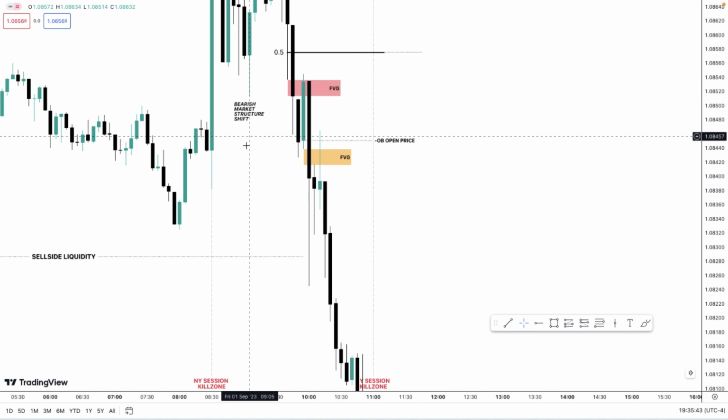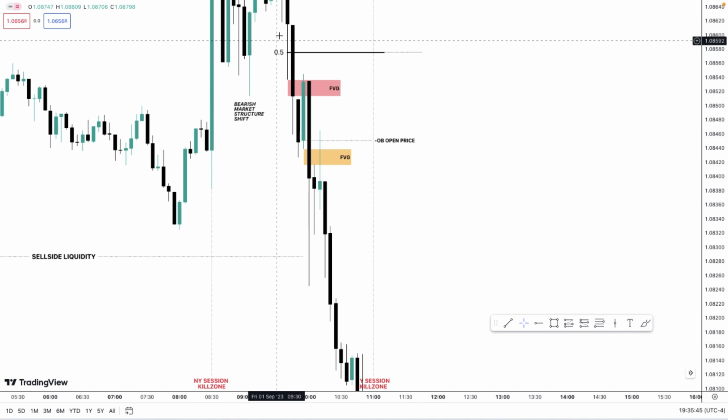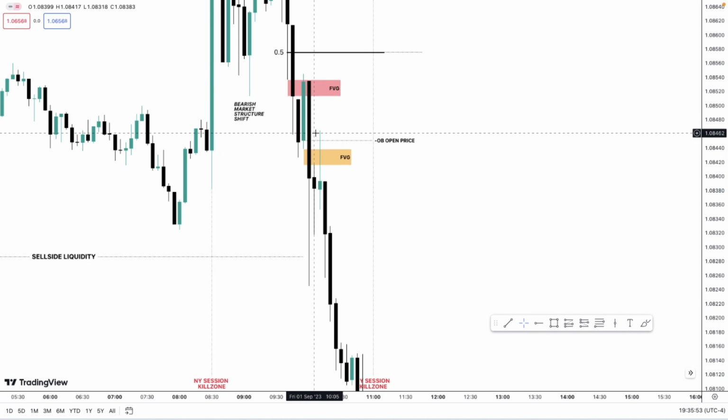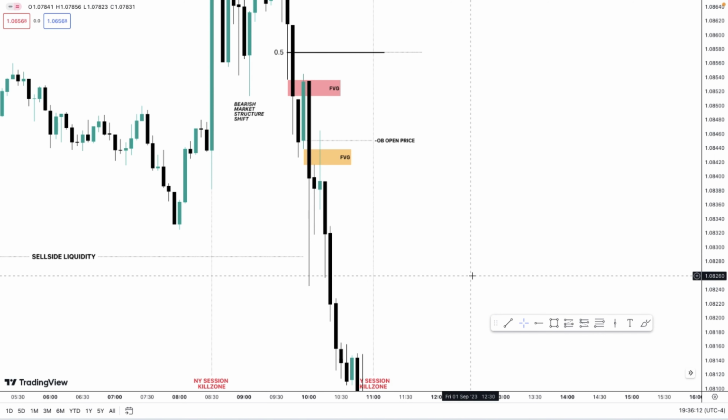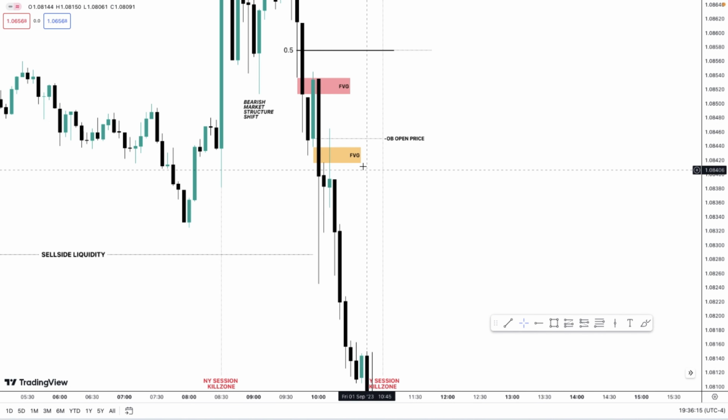Any green candle in a sell program is a bearish order block. I just saved you so many months of trying to find out what an order block is. So the opening price of the order block, you can sell it.